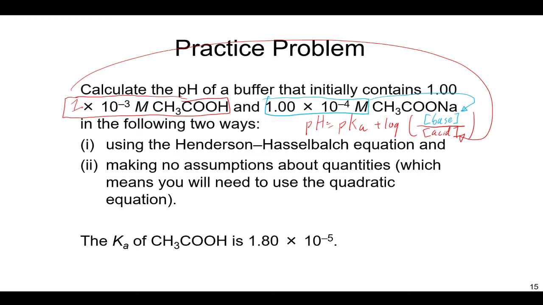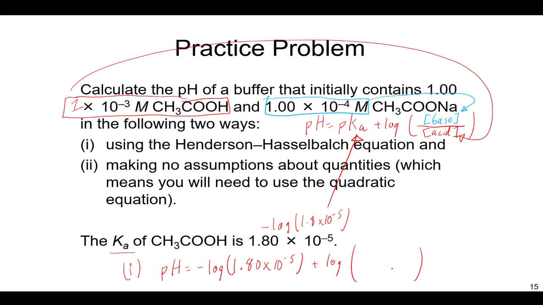For pKa, well, I have the Ka written here, so this means I'm taking the negative log of this 1.8 times 10 to the negative 5. And that's what's going to become my pKa. All that said, I can calculate this. So this is step 1 here. Using Henderson Hasselbalch, pH is going to be negative log of this Ka value, 1.80 times 10 to the negative 5, plus log base over acid.